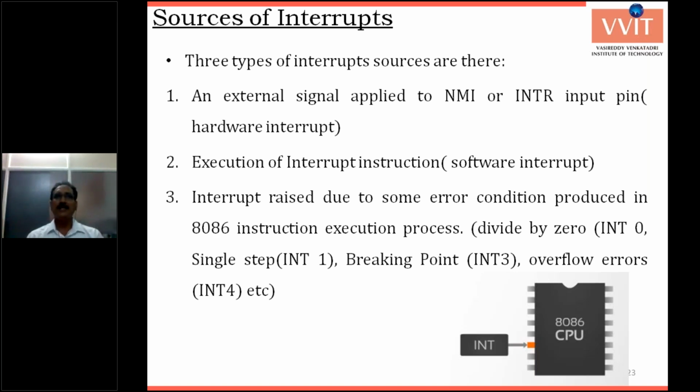External interrupts are accessed by two pins of the 8086, NMI and INTR, pin number 17 and pin number 18. If NMI or INTR occurs, the present program is terminated, control is handed over to that interrupt, and the 8086 generates an interrupt acknowledgement.